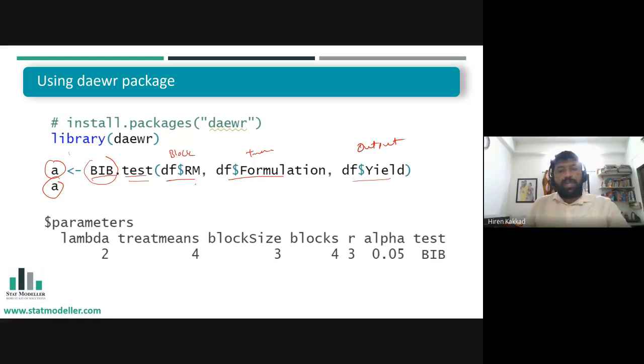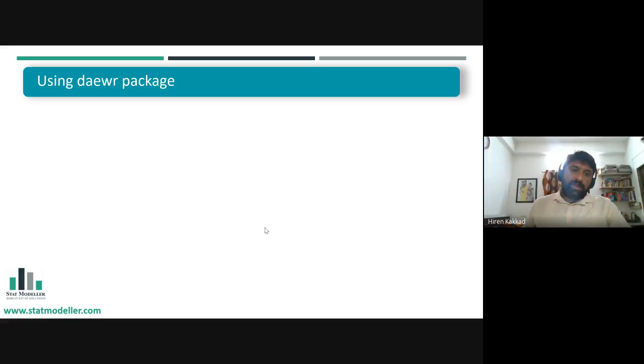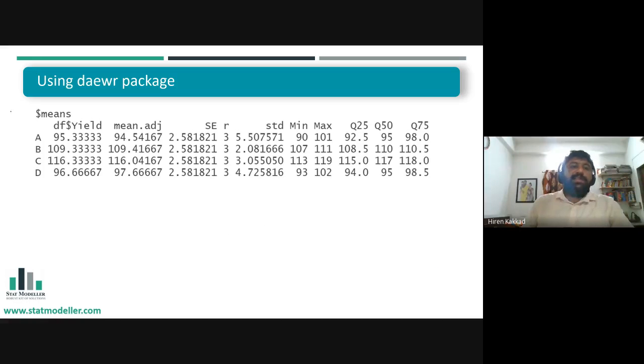It will give you many outputs. The first is parameters: the lambda value, the treatments, the block size, a total of 4 blocks, replication, the alpha level and the test BIB. That is just information. Another output is with reference to the mean.